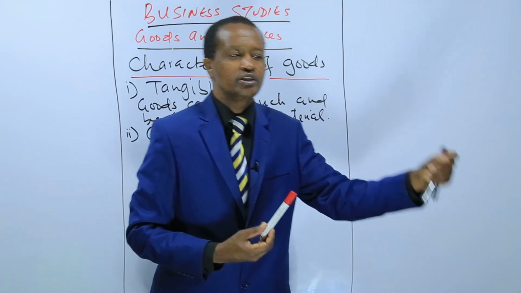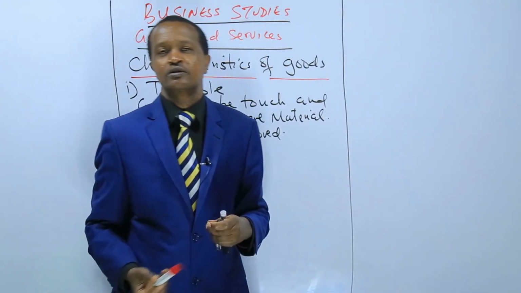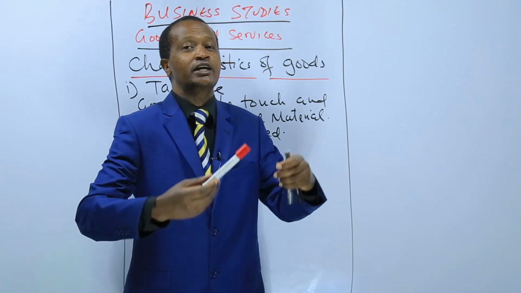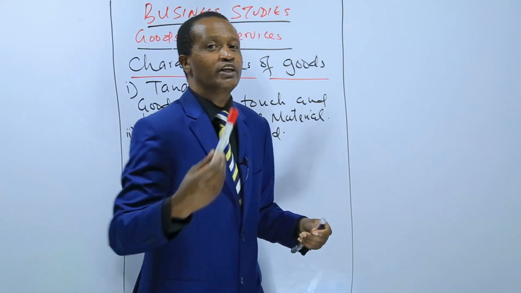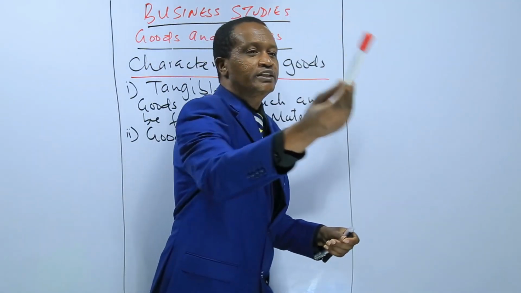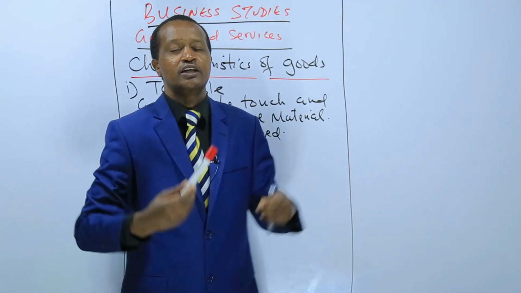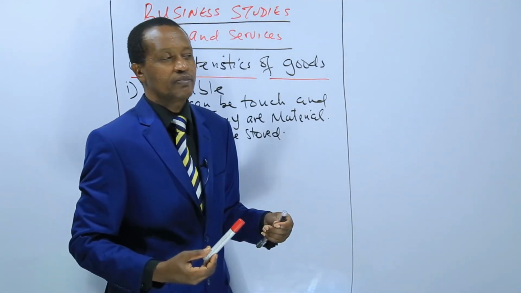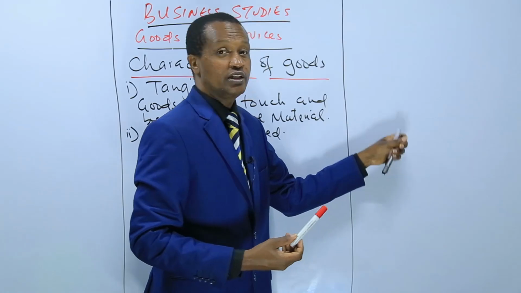Durable goods: furniture, television, sofa set, motor vehicle, guitar, keyboard. This board is durable.